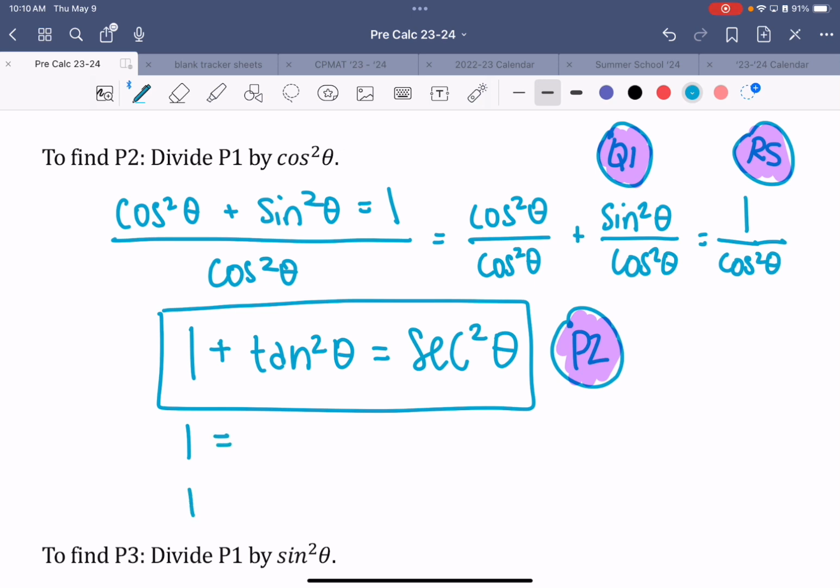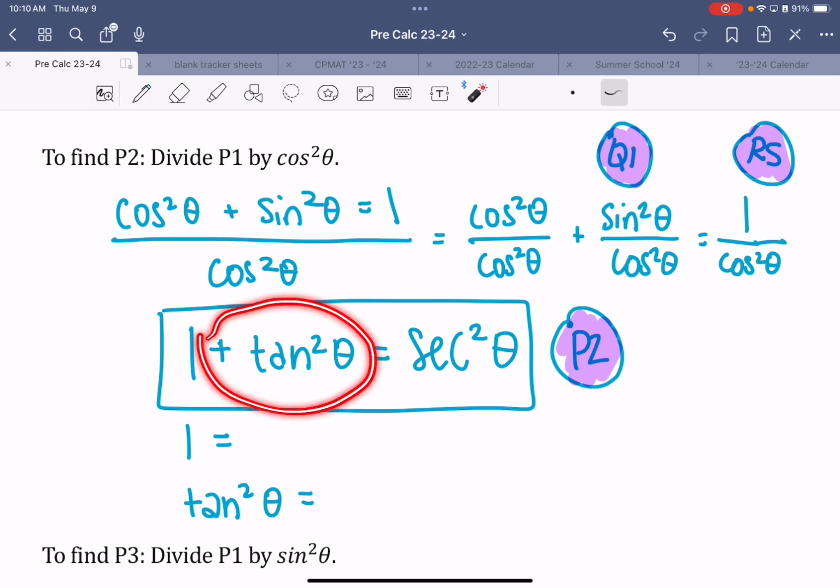So we're just going to rearrange to be equal to those as well. All 3 of these forms are on our green sheet under P2. So if I want to get 1 by itself, I would move this tangent over to this side. It's positive, so I would subtract it from the secant squared.